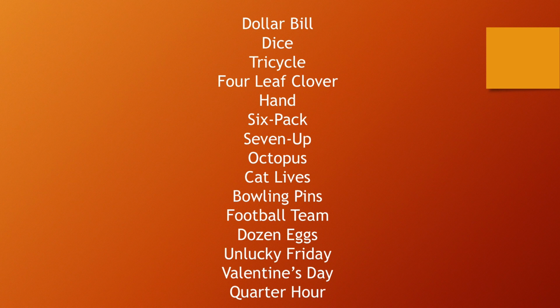Okay? So again, look at this list. Now see if you can memorize it. Do not write the words down. Just look and memorize.